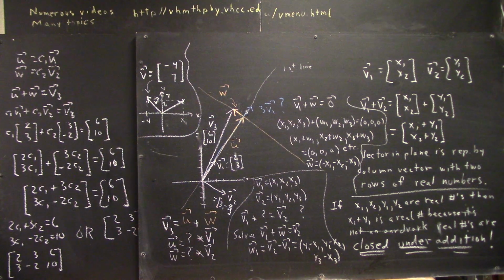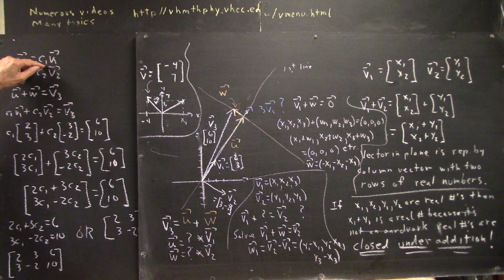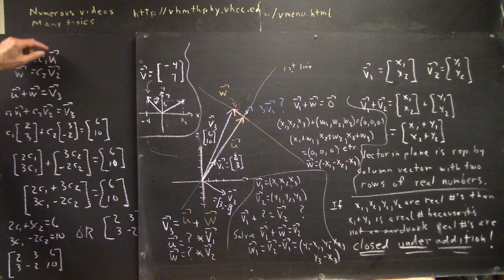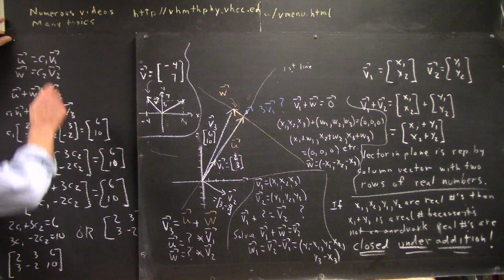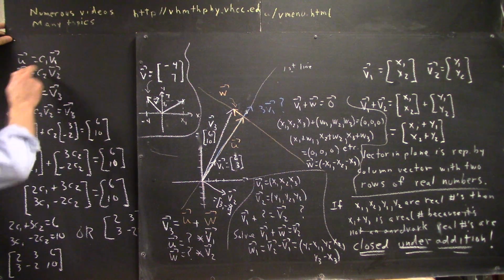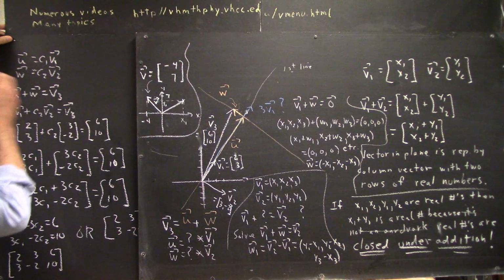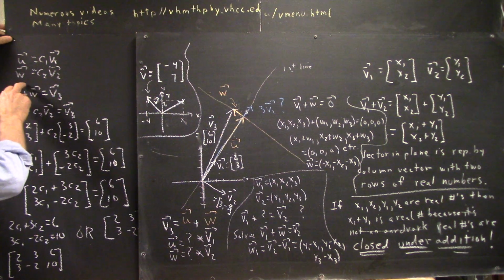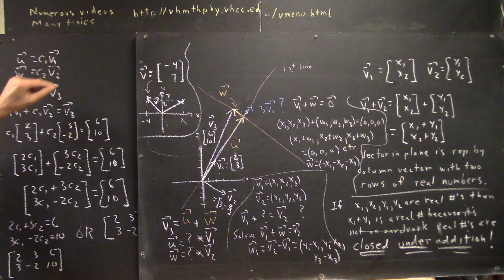Okay, so I'm going to say, well, U is some multiple of V1. Let's let C1 be the multiple of V1, and that's V1, not a U or something. So U equals some multiple of V1, C1 being the factor, the number we multiply by V1 to get U. And W equals some multiple of V2, and I'll use C2 for the number that we multiply by V2.